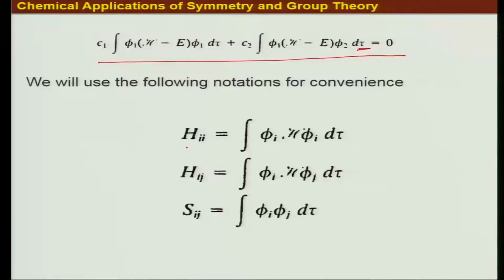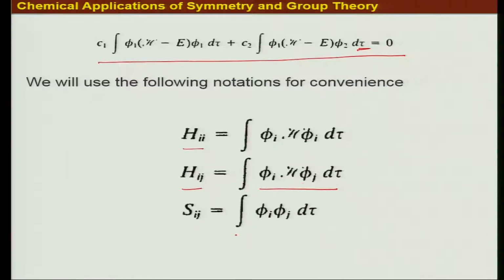The notations are H11, which stands for phi I H phi I integrated over d tau, where Hij is the integral where the two wave functions are different, phi I and phi j, and the operator remains the same, the Hamiltonian.